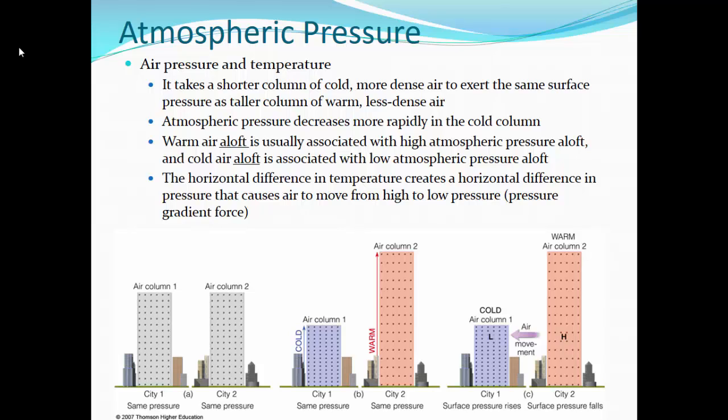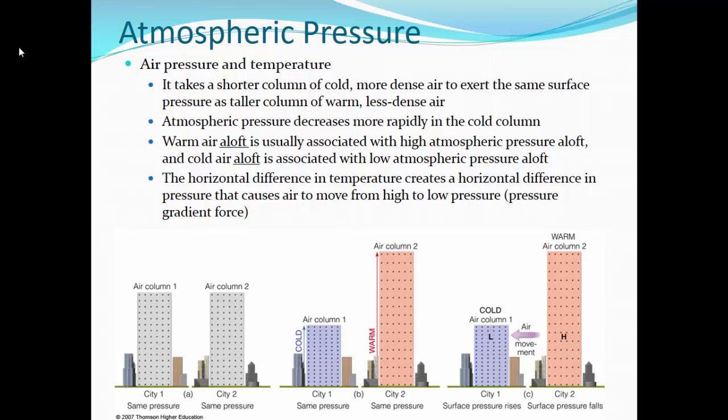Atmospheric pressure decreases more rapidly in the cold column. So what I'm saying is, at the surface in City 1, in the center illustration, the atmospheric pressure is 1,000 millibars. If I go halfway up the column to the top of those buildings, we would say the atmospheric pressure is 500 millibars. And at the very top of that air column, your atmospheric pressure is 0 millibars.